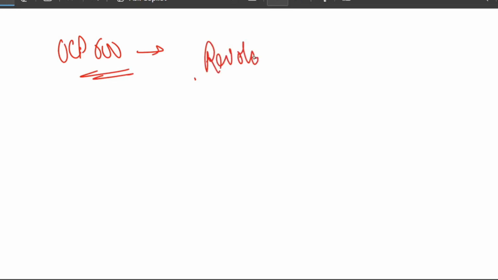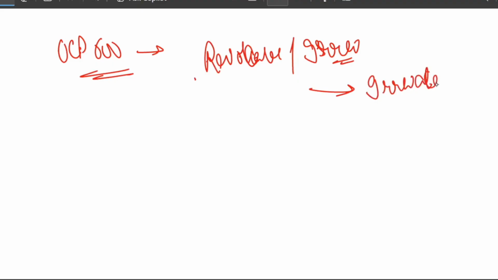The UCP 600 rule says that if the LC is explicitly mentioned as revocable or irrevocable, fine. But if it is not explicitly mentioned, that is implicit, and in that case you treat it as irrevocable. That's a clear thing. What is the meaning of irrevocable? It means once the LC is issued, the issuing bank cannot cancel it single-handedly.